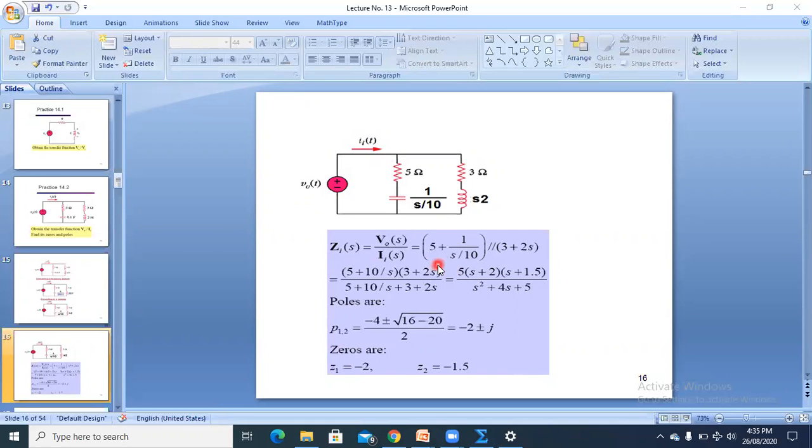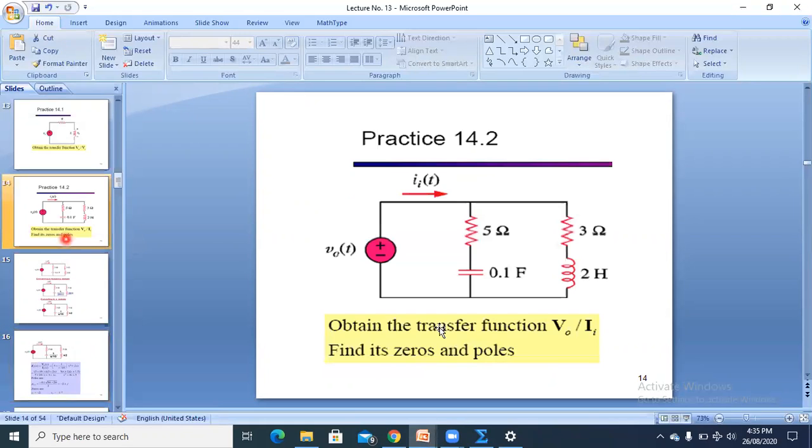So these two impedances are in parallel, so we will find the value of this impedance, and that impedance is V out of S by I of S. So here this V out is in fact not the output voltage.